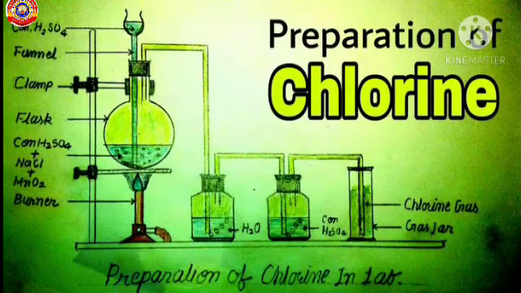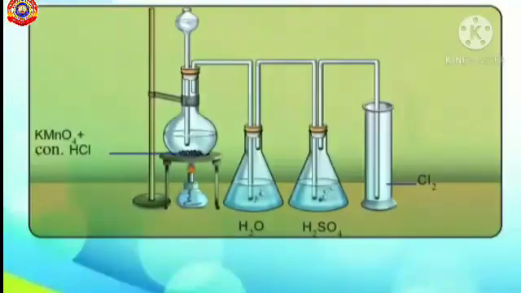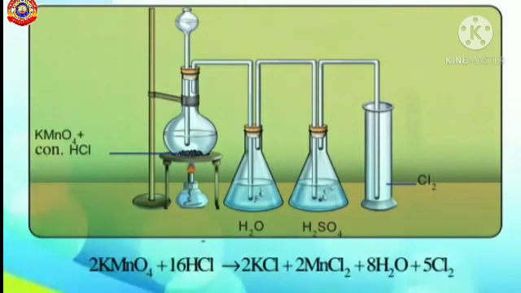Chlorine is prepared by treating potassium permanganate crystals with concentrated hydrochloric acid. The equation of this reaction is given as 2 KMnO4 plus 16 HCl gives 2 KCl plus 2 MnCl2 plus 8 H2O plus 5 Cl2.